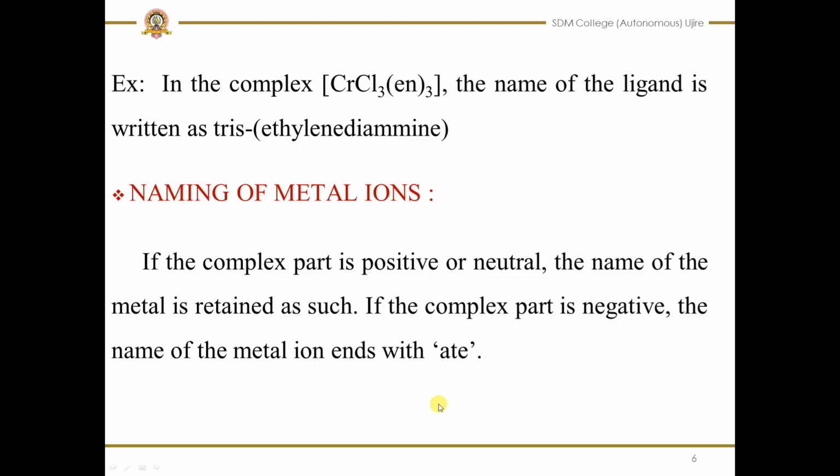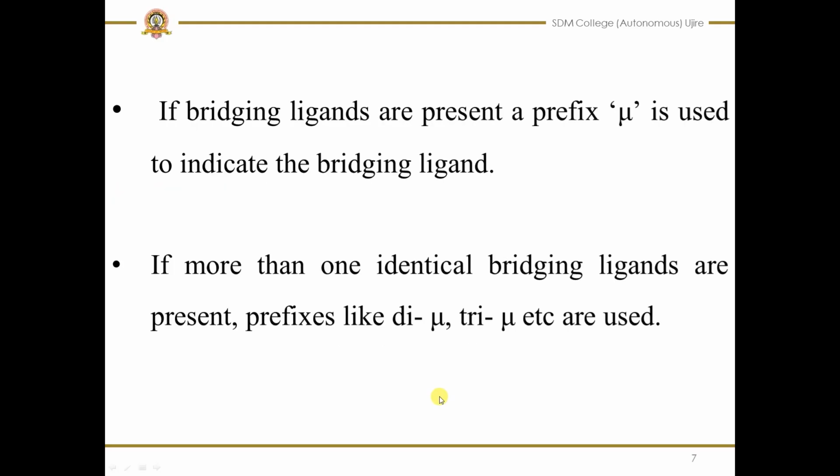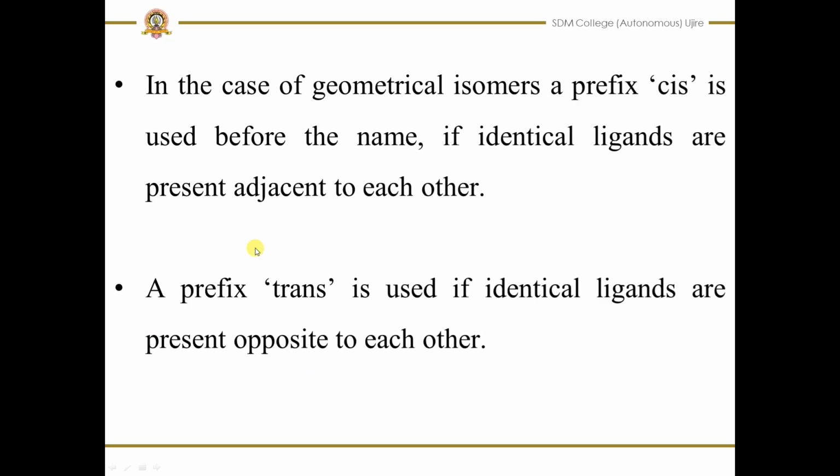And the next rule is, if bridging ligands are present, a prefix mu is used to indicate the bridging ligand. If more than one identical bridging ligand is present, prefixes like dimu, trimu, etc. are used. In case of geometrical isomers, the prefix cis is used before the name if identical ligands are present adjacent to each other.